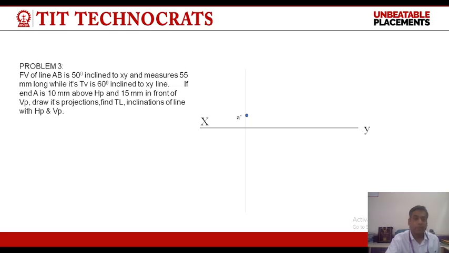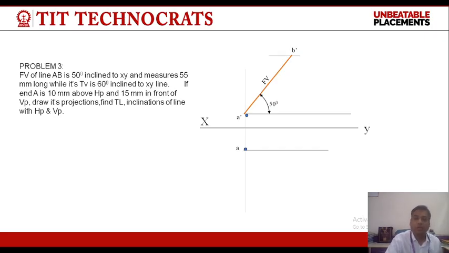Front view of the line is 50 degrees inclined to XY and measures 55 mm long, and top view is 60 degrees inclined to XY line, and the position of point P is given. So here we have to find the true length of the line. So what we will do, we will rotate the line in the reverse order to find the true length of the line as demonstrated in the diagram.